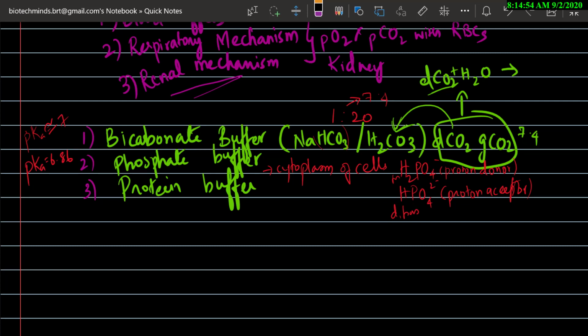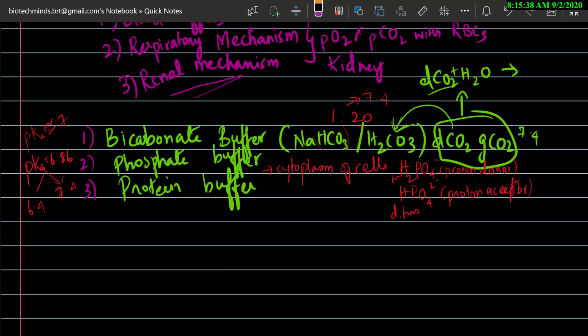Now coming back to phosphate buffer, I told you its pKa is 6.86 and it has a buffering region, as I explained in the titration curve. The effective buffering region for this phosphate buffer is between 6.4 to 7.4.